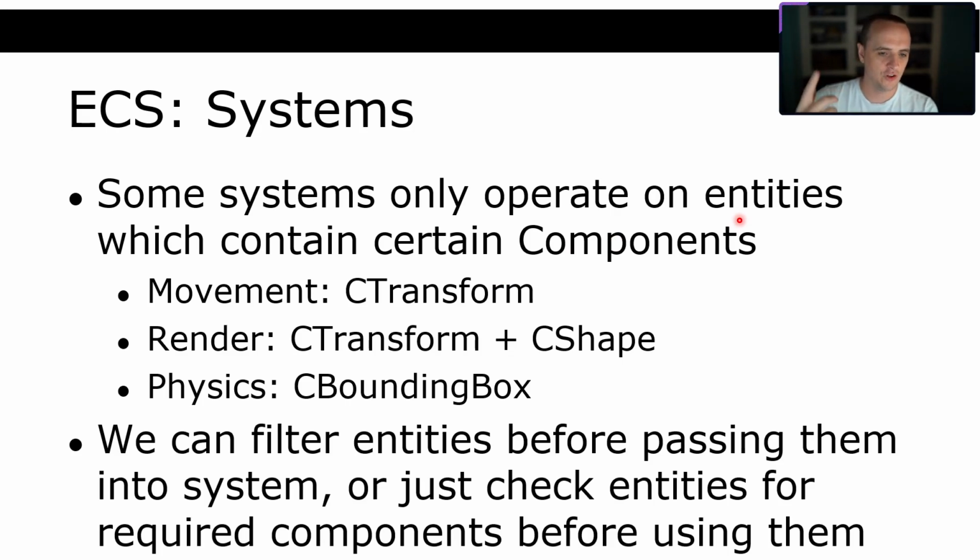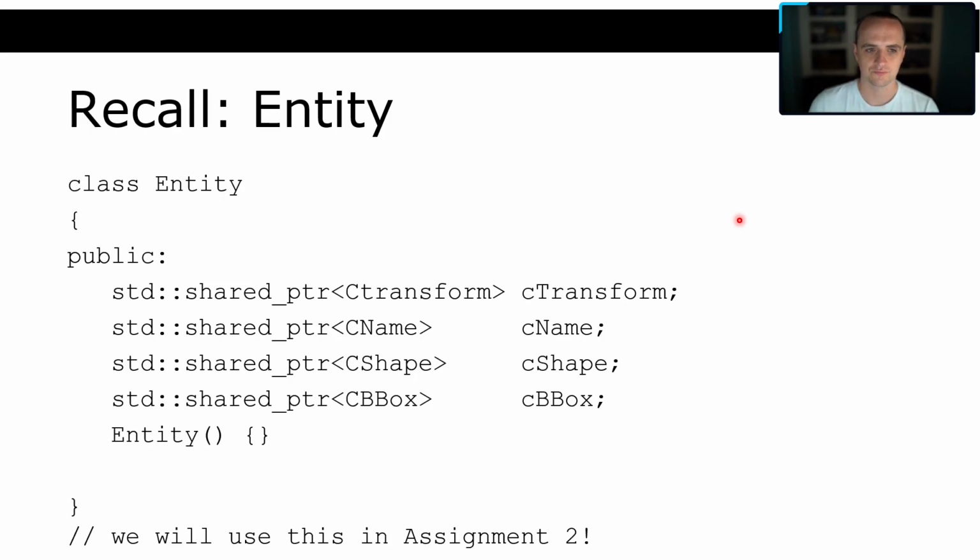We can either filter the entities just before we pass them into the system, or when we're in the system, we can iterate over all the entities and only do things with the ones that have the components that we want. So again, just recall that for the time being, this is what our entities look like.